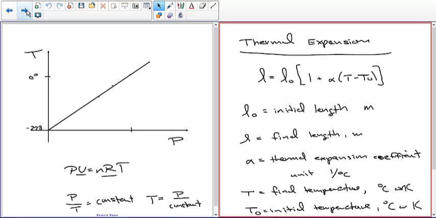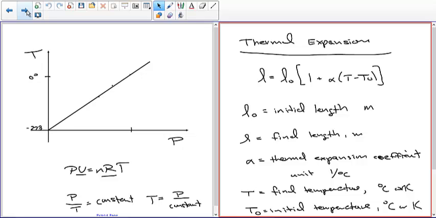Okay, so that's it for temperature right now. The next thing in this chapter is talking about how the temperature affects the physical properties of a material. We talked about that relative to resistance. We said that as the temperature went up, typically the resistance of the electronic element went up.